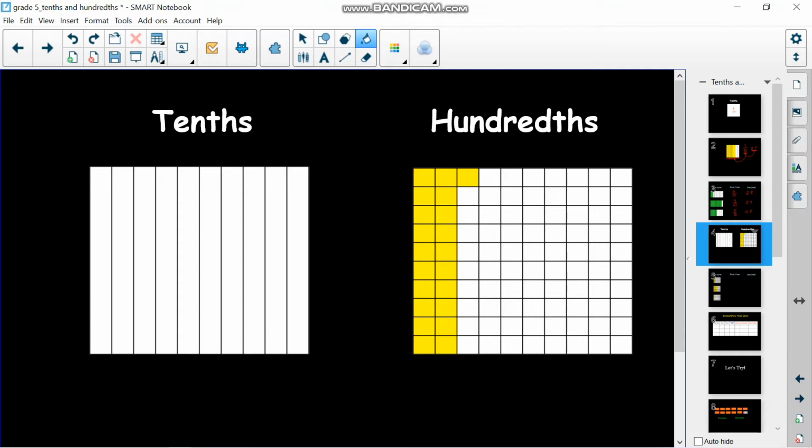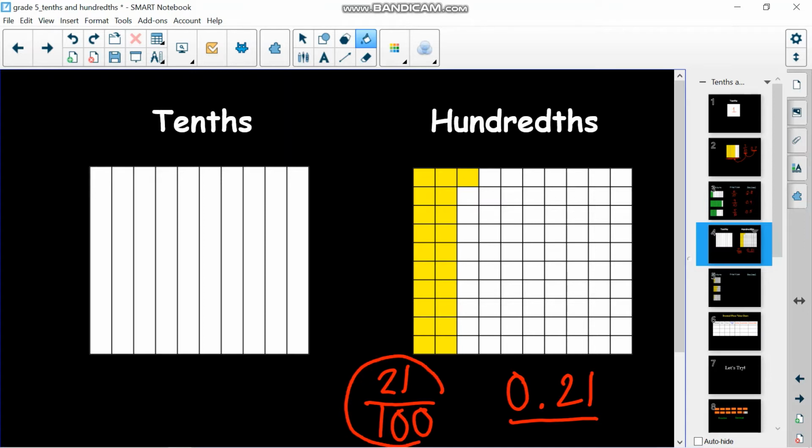That is 21 out of 100, or we can say that as 21 hundredths. I can write that in decimal as 0, there is no complete square shaded, and 21. So we can read this as 21 hundredths, and in fraction, it can be written as 21/100.